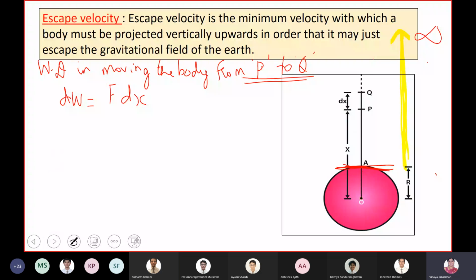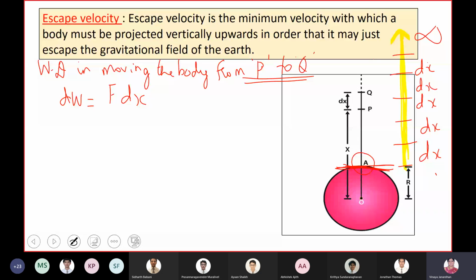So what we'll do is the distance from point A to infinity, we'll divide it into a number of segments, each of dx. I'm just explaining why integral calculus has to be brought here. Your aim is to find what is the work you have to do when the body was initially on the surface of the earth.